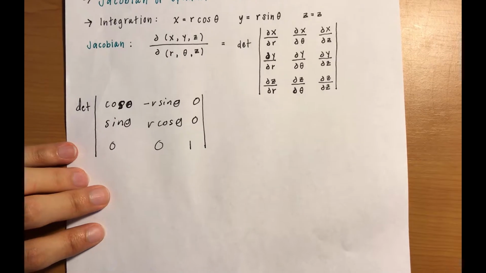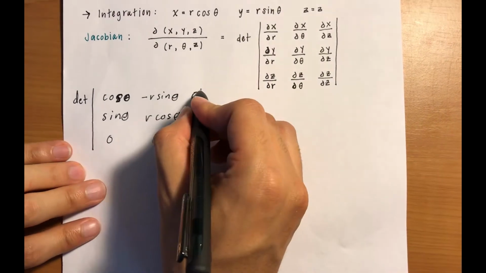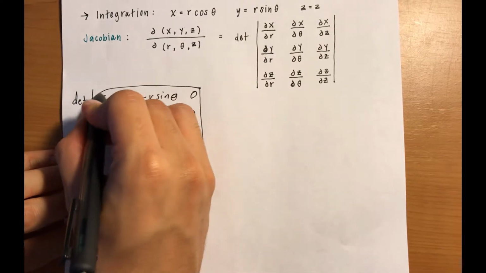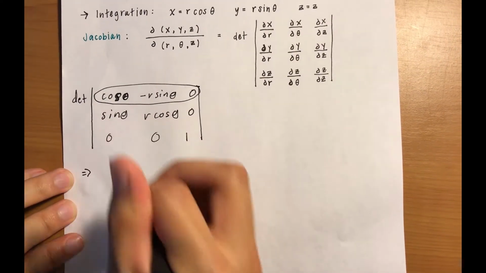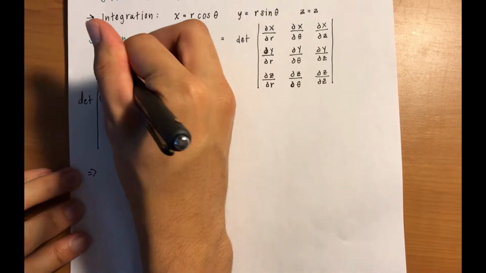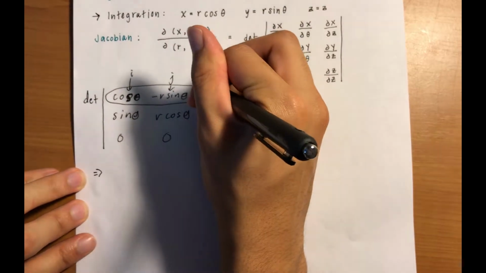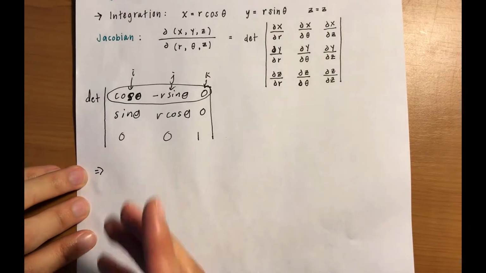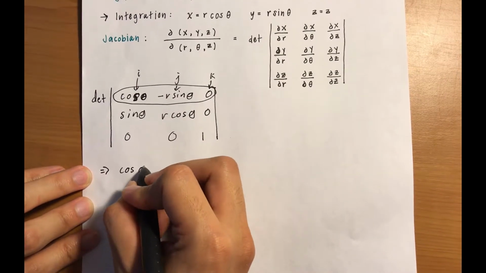If you're familiar with taking determinants, we pick a row to be our vectors. The easiest is just picking the top row. This is just like your i, your j, and your k, if that's easier for you. So our i coefficient would be cosine theta.